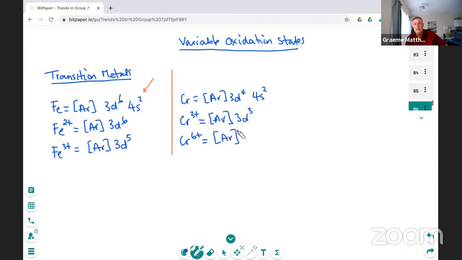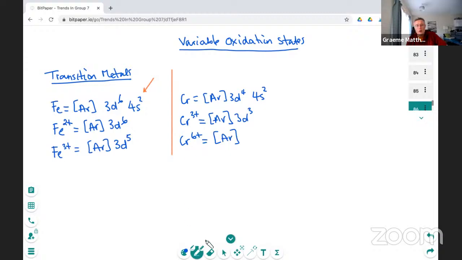So what I'm saying is with transition metals, you've got iron 2, you've got iron 3. Could you possibly go all the way up to iron 8+? Absolutely, you could remove the valence electrons in this d subshell. Same thing with chromium: chromium plus 1, plus 2, all the way up to plus 6. The stable ones seem to be plus 3 and plus 6.